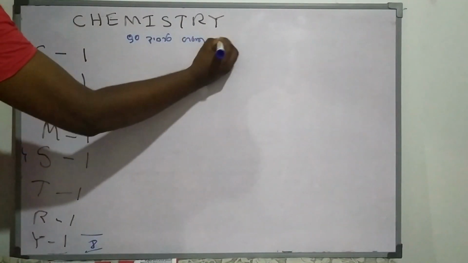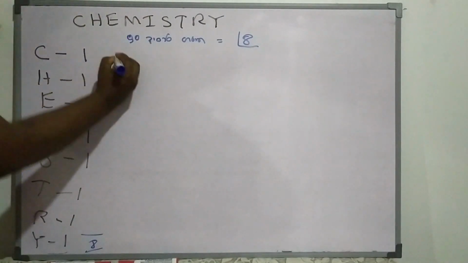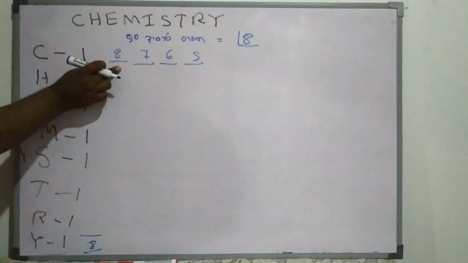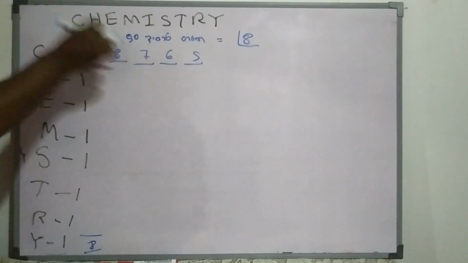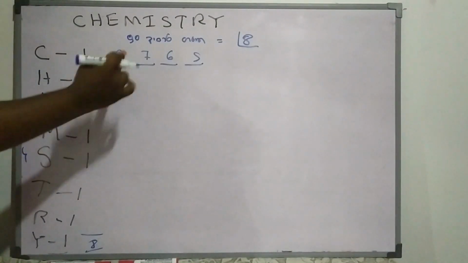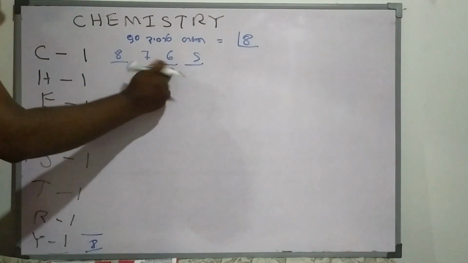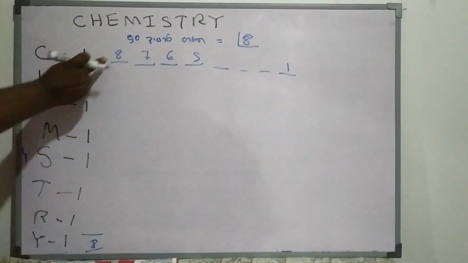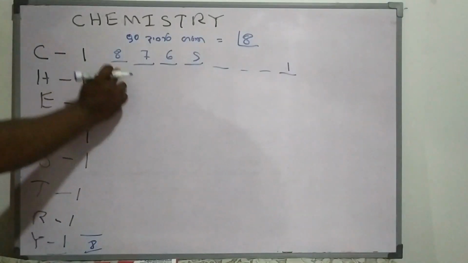So the total number of letters is 8. The total arrangement is factorial 8. For the first row number, the total number of arrangements is 8, 7, 6, 5, likewise up to 1.